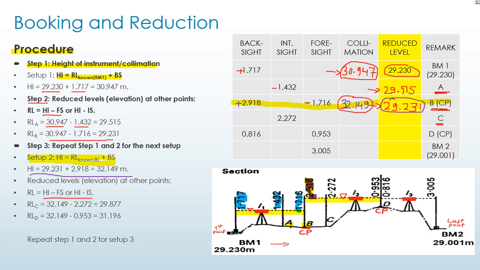Height of instrument minus reading at point C gives you the elevation over here, 29.877.